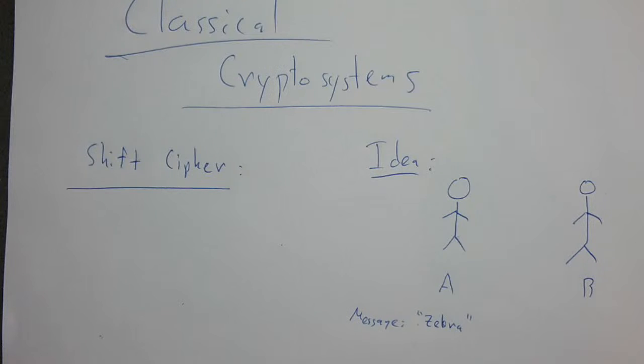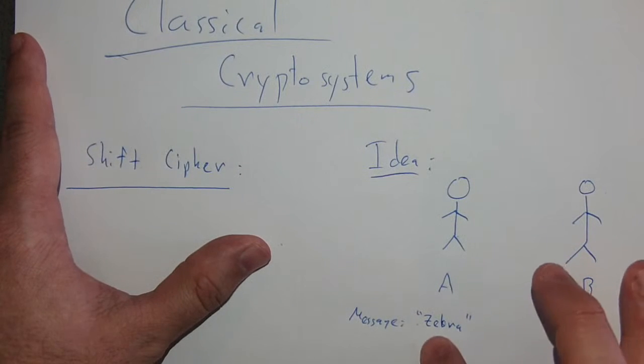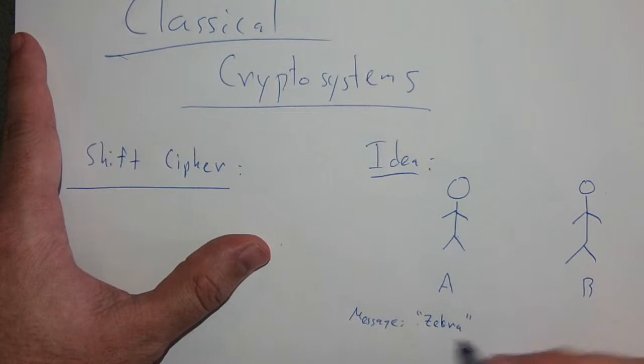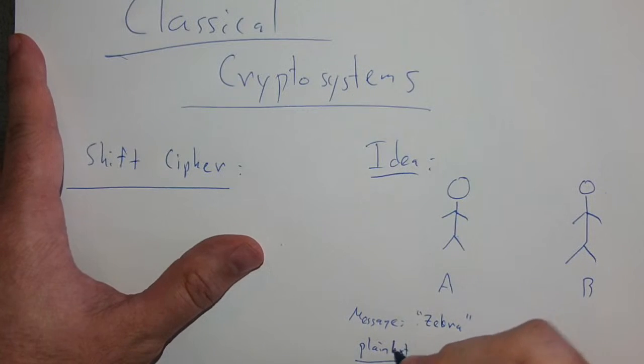The thing is that this is a sensitive word. I don't want anyone to know this message that I'm passing. If I'm person A, I don't want anyone who intercepts this message to be able to read it. And so this message that I'm starting with, the thing that I actually want to pass, is called my plain text. So this is my plain text.